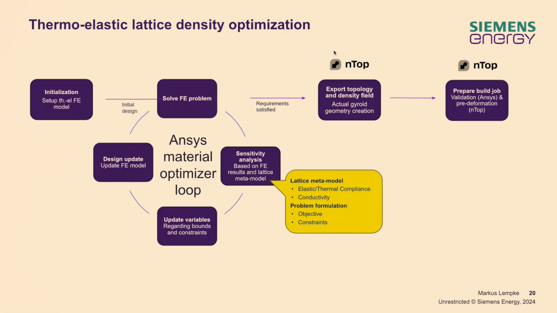And this is then again where nTop comes into play with this very elegant description of the TPMS structure and the ability to do field-driven design. We just take in the topology body and a field, and like this we can then create the final geometry.